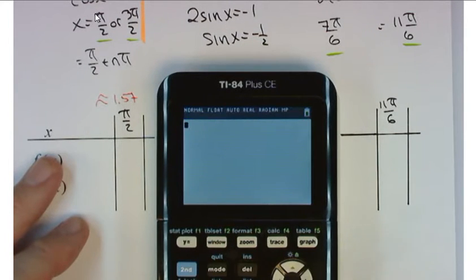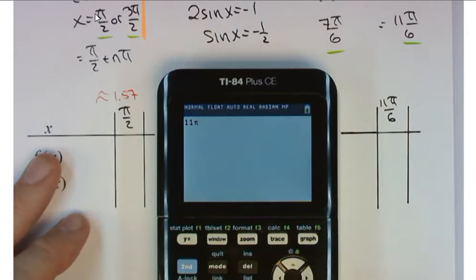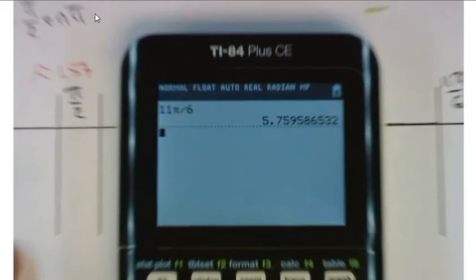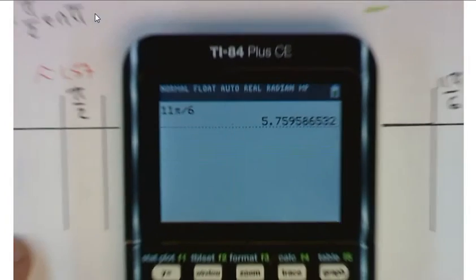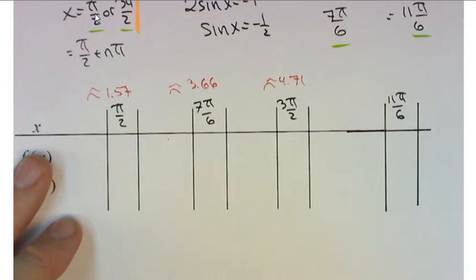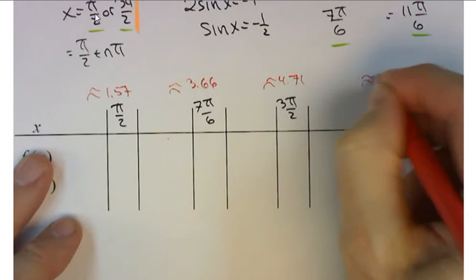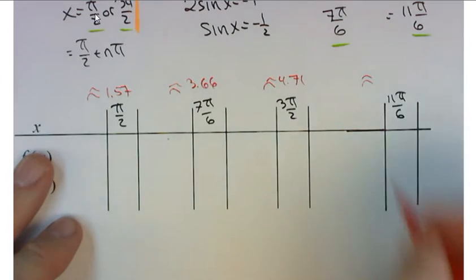So 11 second pi divided by 6, so about 5.76, for instance. So let's put that one down as well: about 5.76.